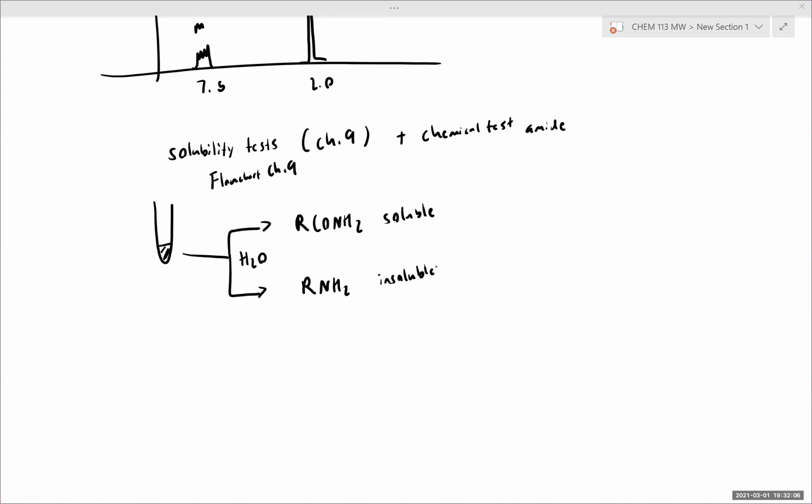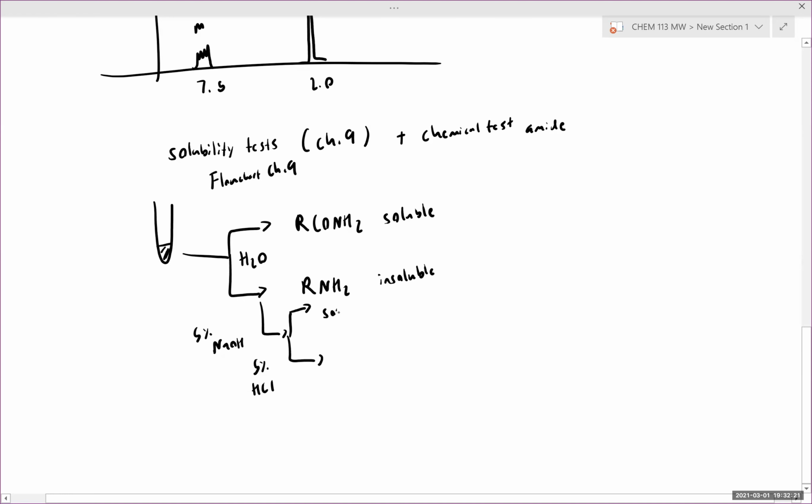You're then going to be looking at the solubility in sodium hydroxide, 5%, and then the solubility in 5% hydrochloric acid. So amines are soluble in 5% hydrochloric acid, while your amides are not.